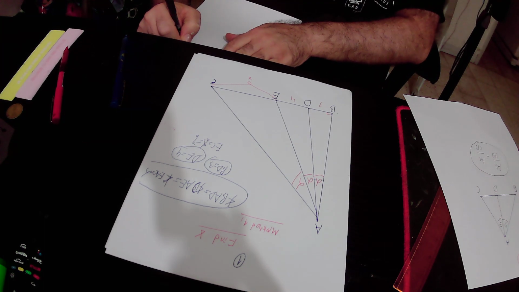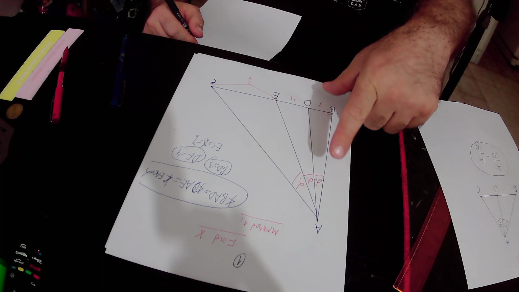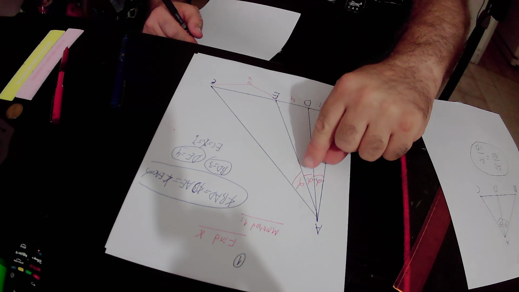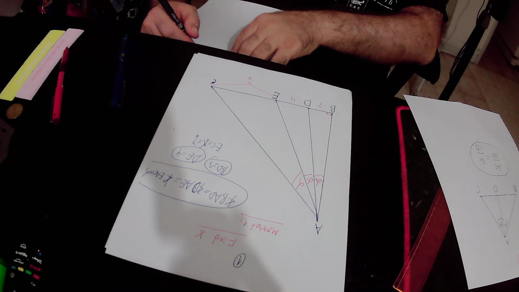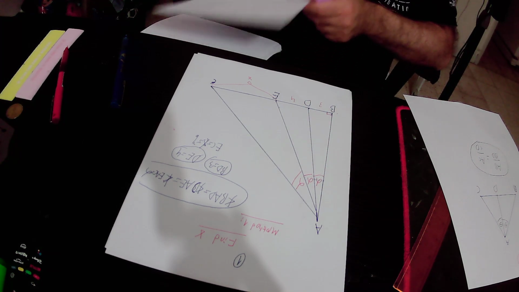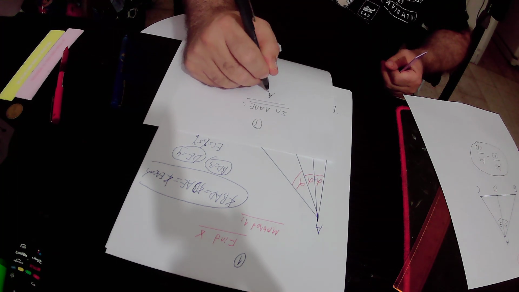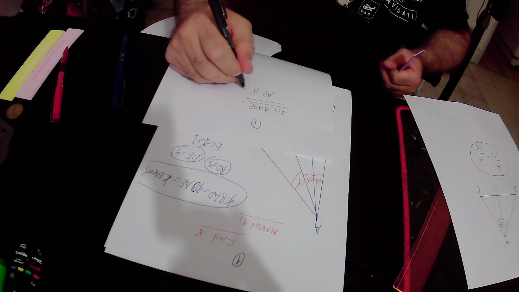So in triangle ABE we know that AD is angle bisector because we have here two angles that are equal to each other. So AD is defined as angle bisector. Okay, we can write down that in triangle ABE, AD is angle bisector.